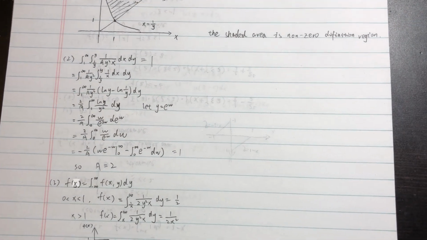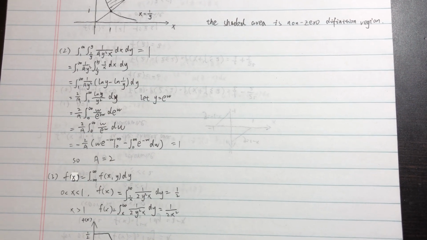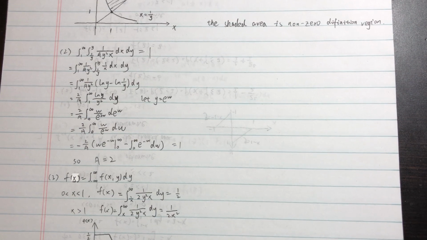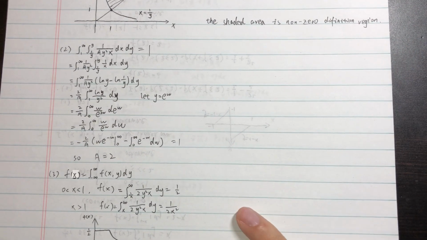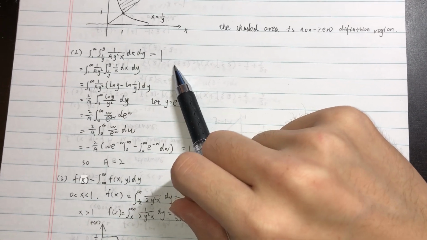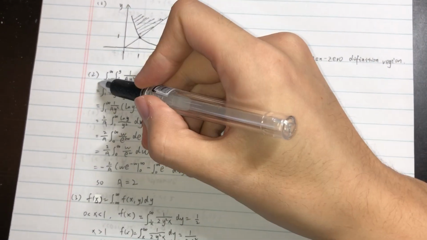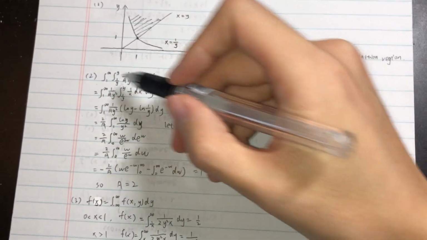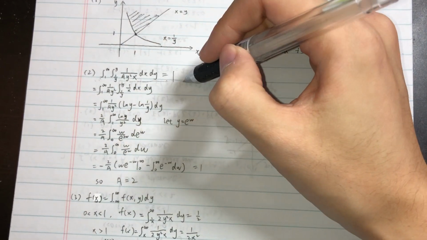The second question is to find a so that fxy is a valid joint density function. In order to make sure that fxy is a valid joint density function, this equation must be true.